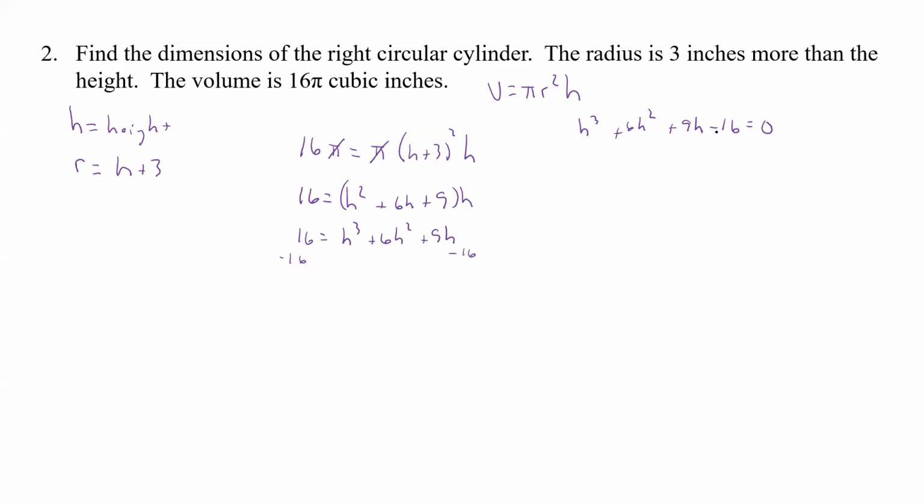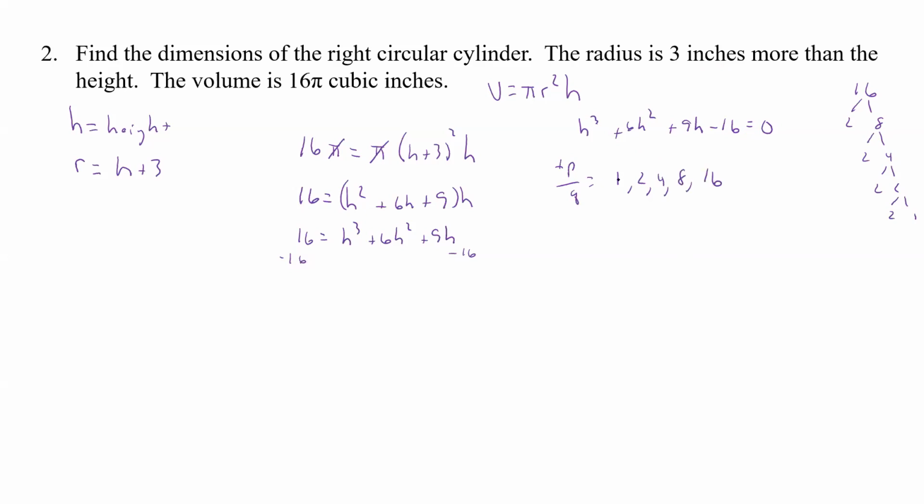And so now what we have to do is figure out our p's and our q's. So our factors of 16, that's going to be 2 and 8, 2 and 4, 2 and 2, 2 and 1. So it should be 1, 2, 4, 8, and 16. And so plus p over q, we don't care about the negatives. That's going to be 1, 2, 4, 8, 16.